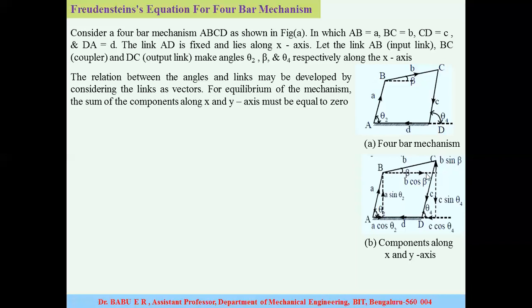The horizontal direction is this way, and the vertical component direction is opposite. Similarly, for the link CD, the vertical component direction will be downward, and the horizontal component direction will be opposite to the x direction, given as c sin theta 4 and c cos theta 4. So these are the components represented along the x and y axis.